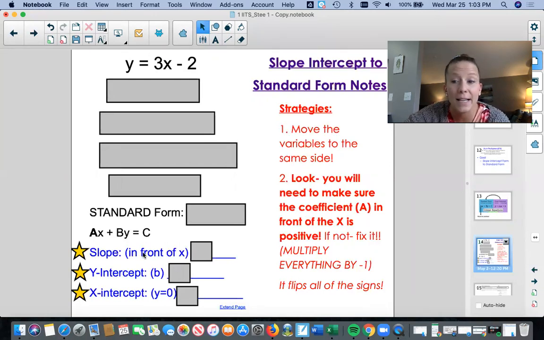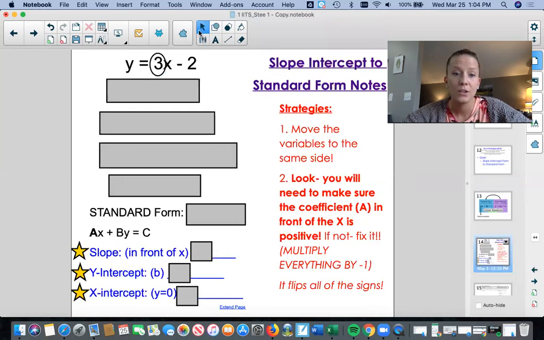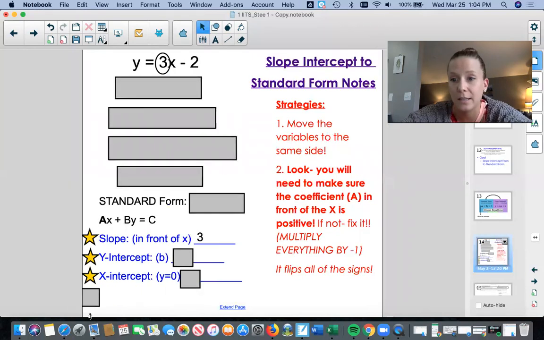Looking at my slope, which is the number always in front of the x, here is our slope. So my slope is 3. It's really easy to tell the slope in this form, so that's why I should answer this question first.